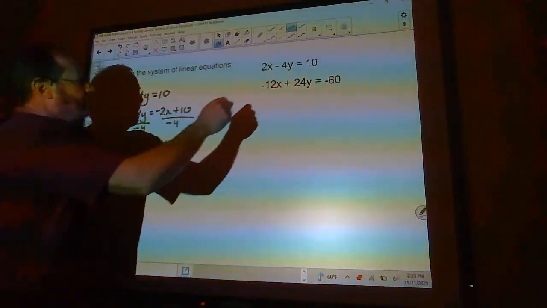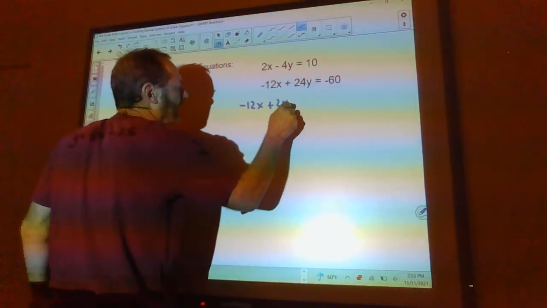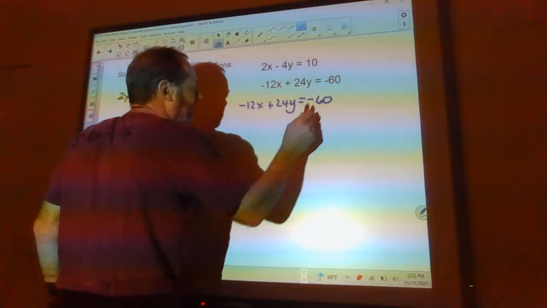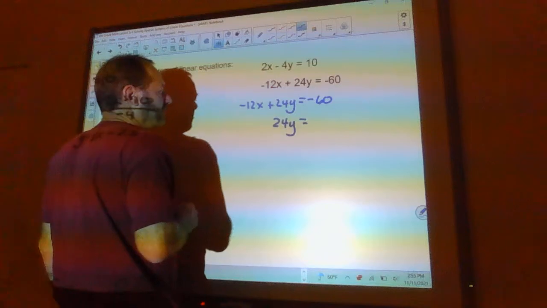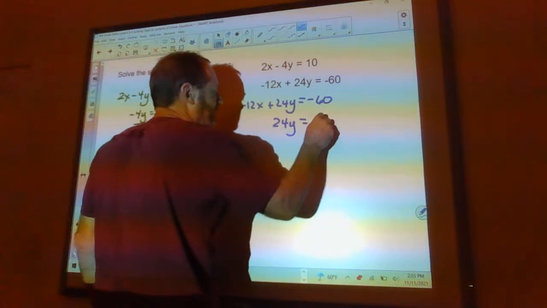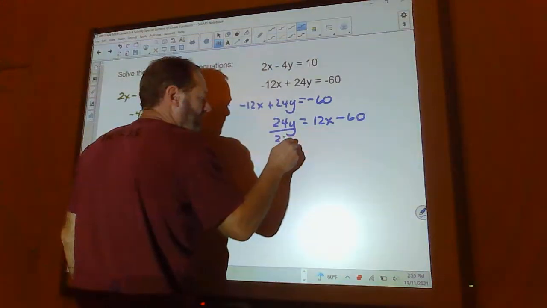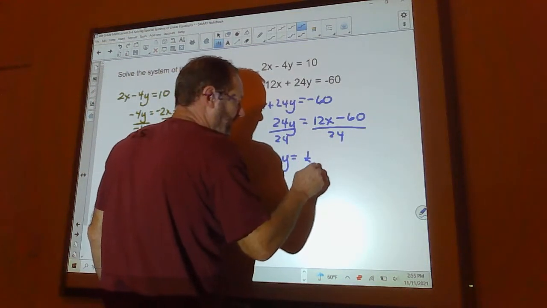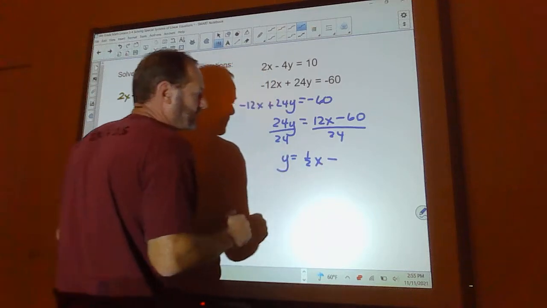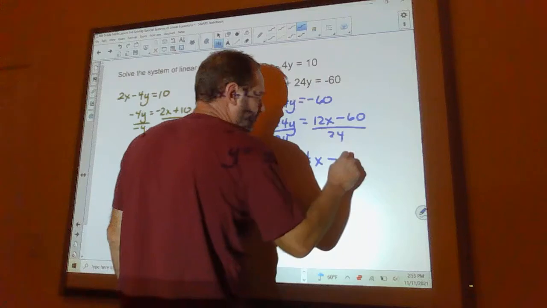And then I'm going to take the blue one, negative 12x plus 24y is negative 60. Let's see, this is going to be a 12x over here, minus 60 divided by 24. Y is going to be 1/2 x minus 2.5.